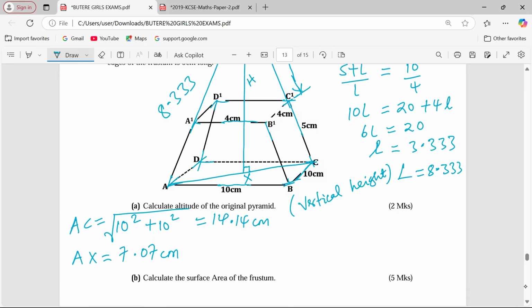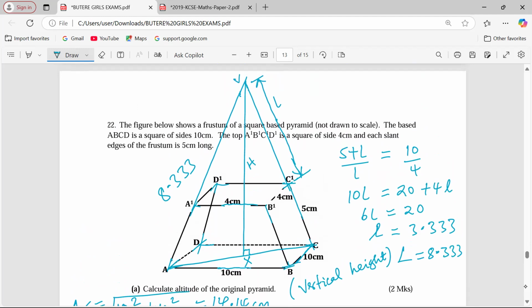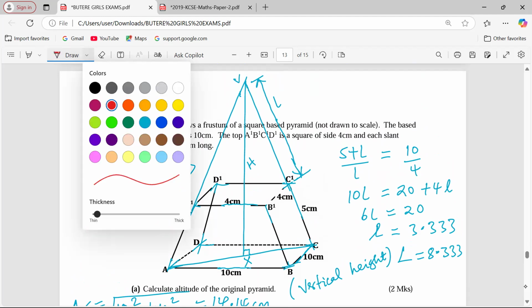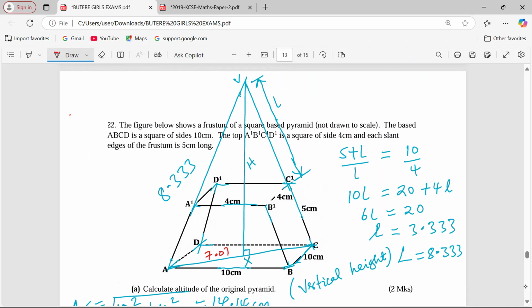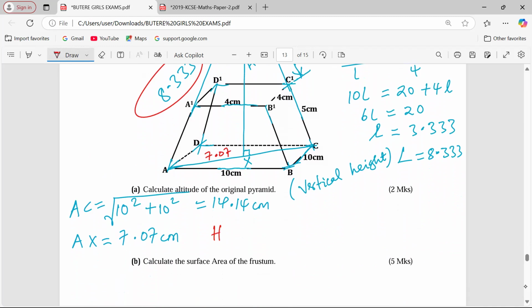Now we can use AX together with the slanting height for triangle VAX. Look at triangle VAX now, whereby let me indicate the length here, 7.07. So with triangle VAX, we can use the hypotenuse and the base for us to get the height. So the height shall be 8.333 squared minus 7.07 squared, and we take the square root.